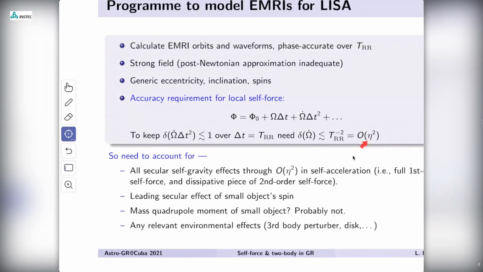So these are perturbations that come from putting the first perturbation as a source in the Einstein equation and solving for the 2nd order perturbation. Those first order perturbations excite higher order perturbations that are proportional to the small mass squared this time. And the back reaction from that too needs to be taken into account.